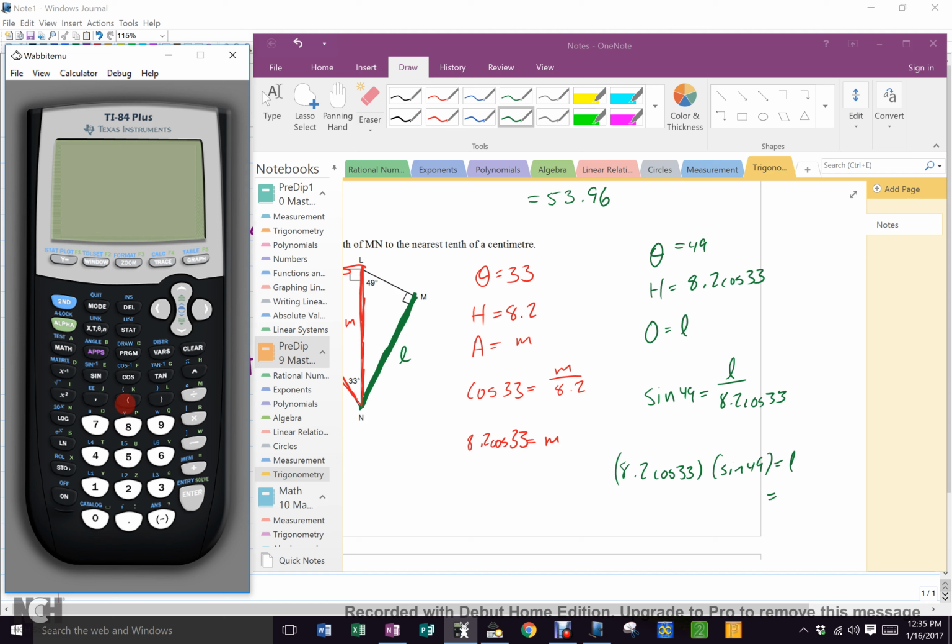Bracket, 8.2, cos 33, close brackets. Now you will notice I needed double brackets on my machine. So will Vicky.